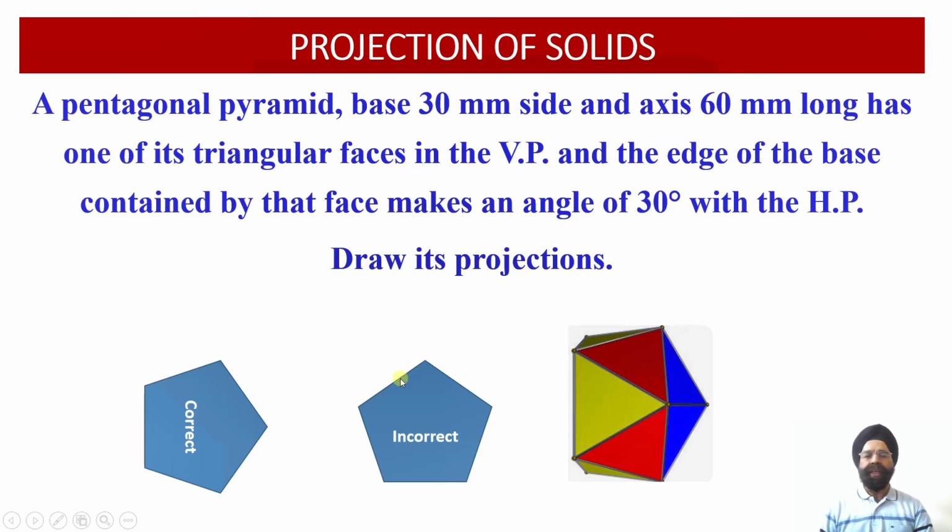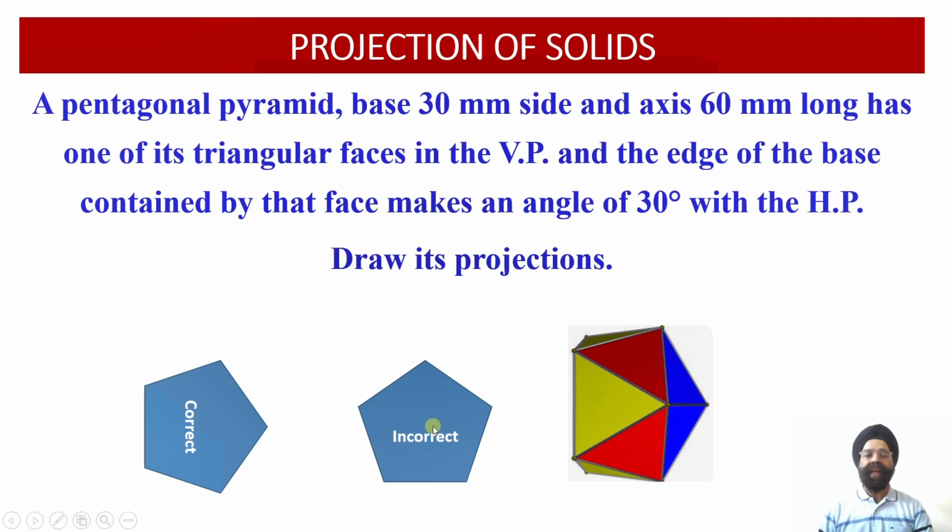If we choose this orientation and incline this pentagonal pyramid with respect to the vertical plane, then what we are going to observe is that this pentagonal pyramid will be resting on one of its corners in the vertical plane. It won't be having one of its triangular faces in the vertical plane. So either we incline it this way or this way, it will be resting on one of its corners in the vertical plane. So this position of the pentagonal pyramid base in the vertical plane is not acceptable.